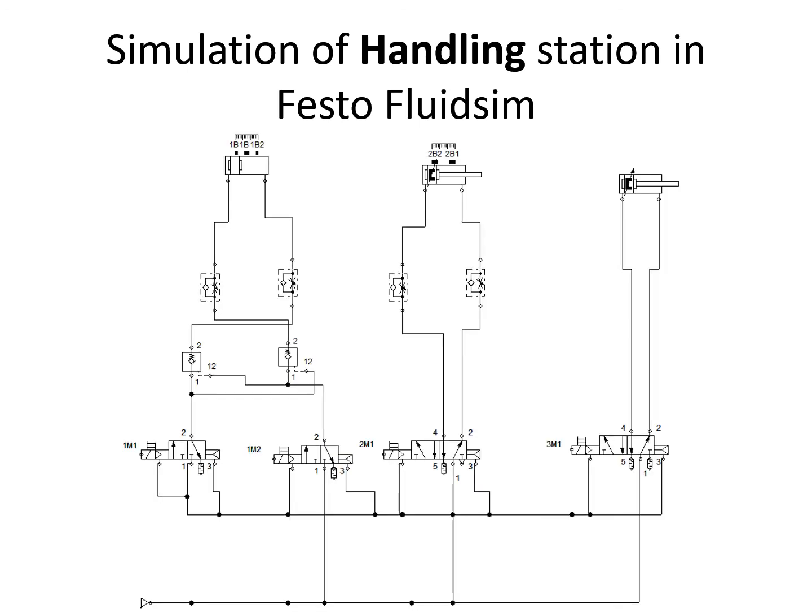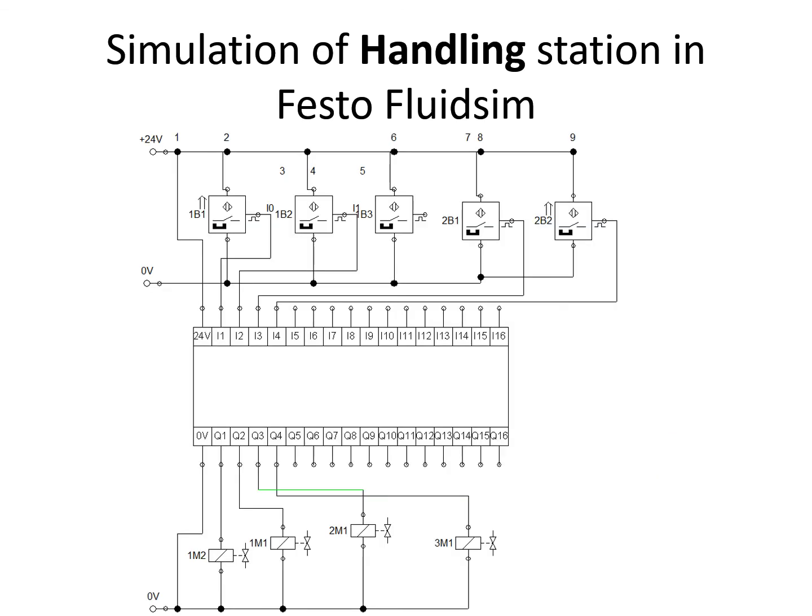Here is our Fluid Sim simulation. This is for the pneumatics section. Here is for the sensor section. Here is for the solenoid section, and here we have our PLC.